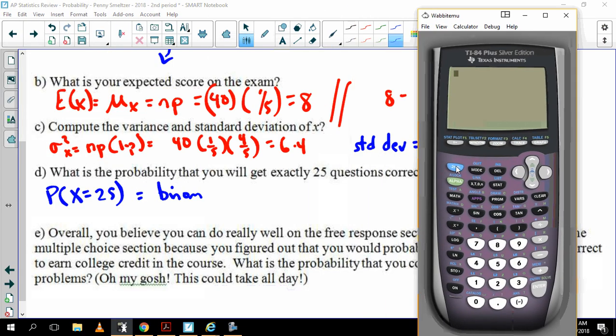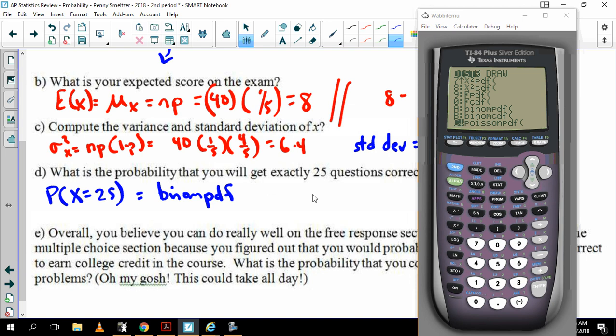So I go second distributions, and I go down to binom, and I'm reminded that there's a PDF and a CDF. Well, this one is for a particular value, 25. So this is the PDF. So I want the binom PDF. I've got 40 trials. Probability of success is 1/5, which you could write like 1/5, or you could write like 0.2. And I want to know what's the likelihood I get 25 right.